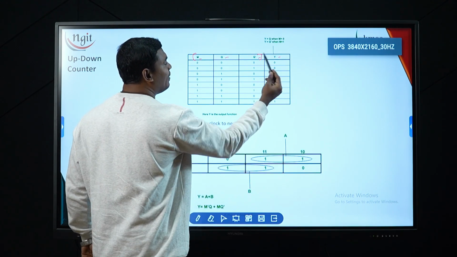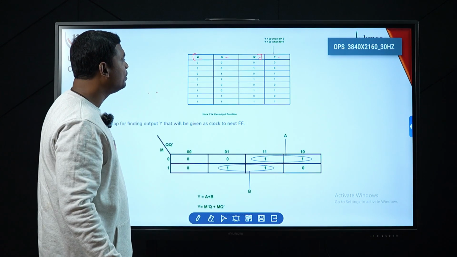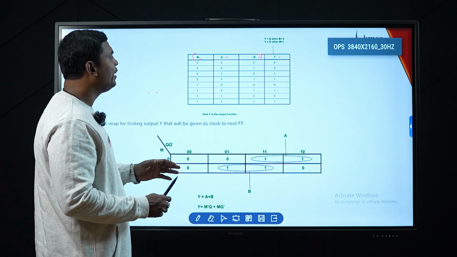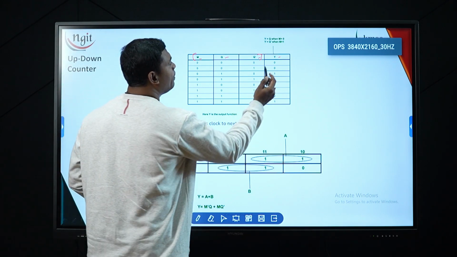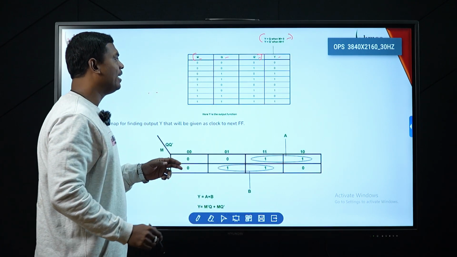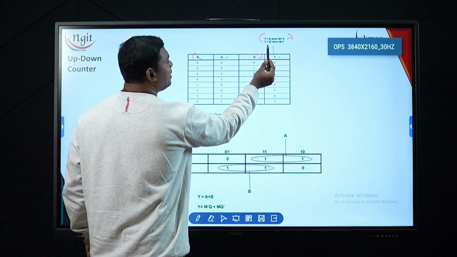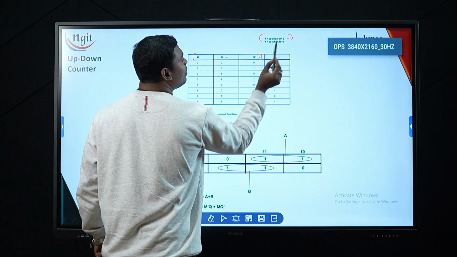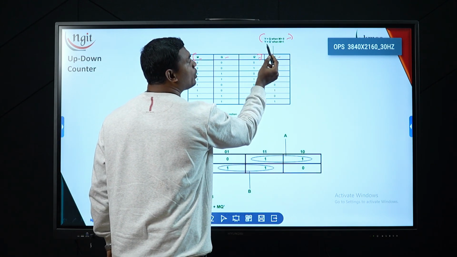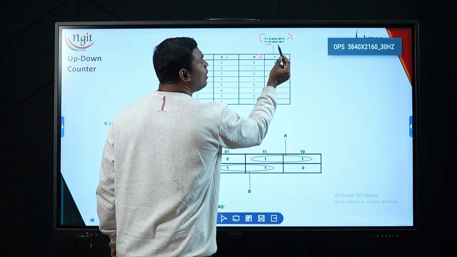Now if you observe the Y value, for performing up counting I need to take M equal to 0. When Y is equal to Q, the M value will be 0, that is my first condition. When Y is equal to Q bar, the M value will be 1.